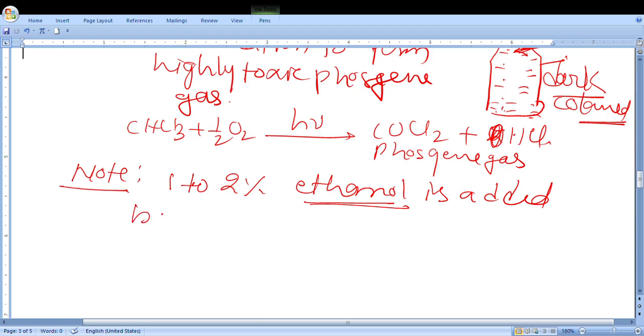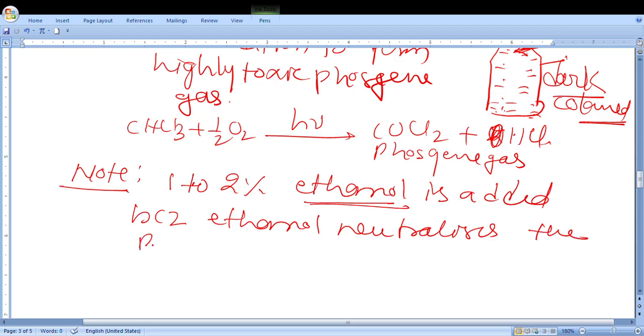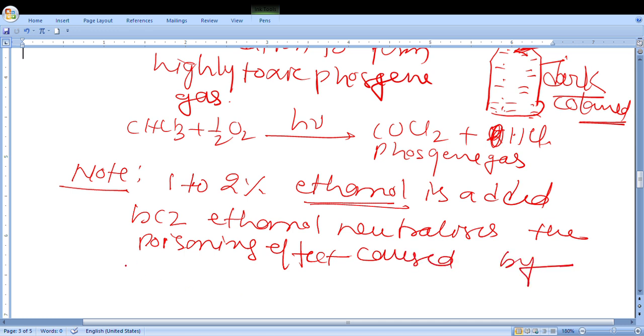Reason, because ethanol neutralizes the poisoning effect caused by phosgene gas. The phosgene gas will be neutralized by ethanol.